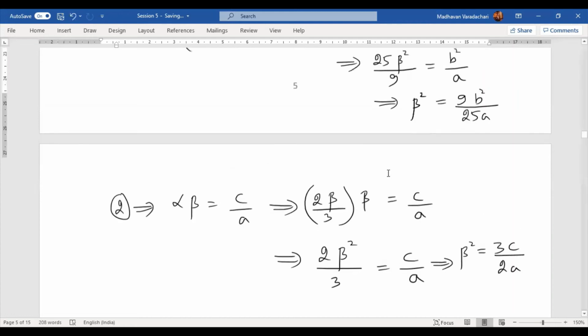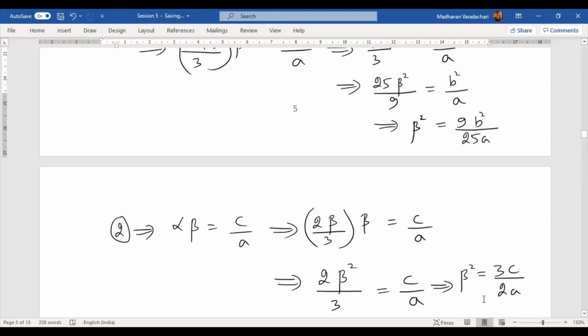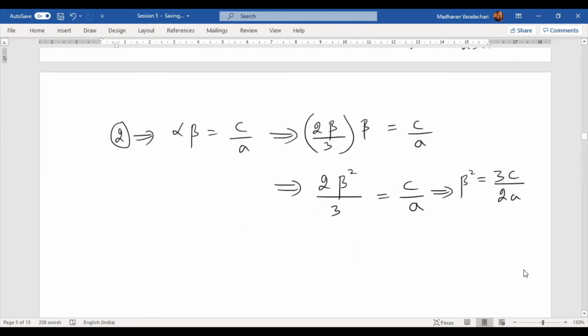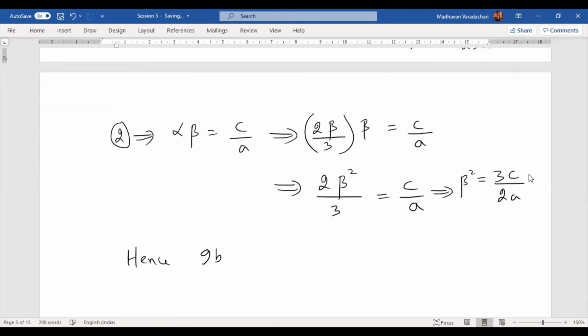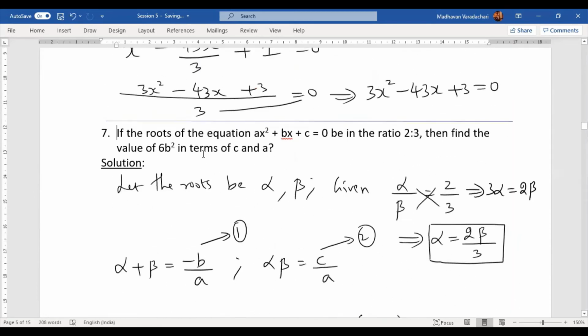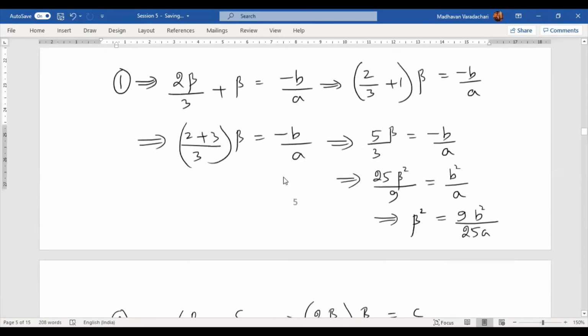That means from this I am having beta square, and from this also I am having beta square. I can equate these two: 9b square by 25a is equal to 3c by 2a. Cancelling a on both sides. Now, what is it that we are trying to find? We are trying to find 6b square.